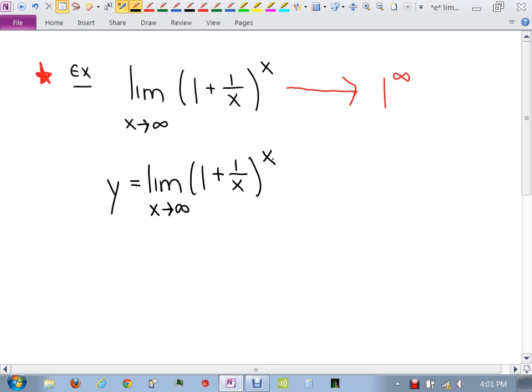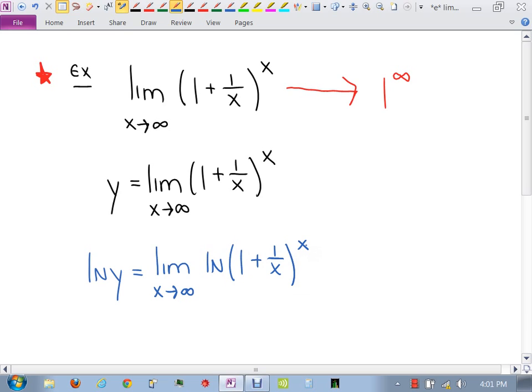But by creating an equation, what am I going to be able to do? Take the natural log on both sides. What is that going to allow me to do on the right side? The natural log can pass through the limit, meaning the natural log can go through the limit.